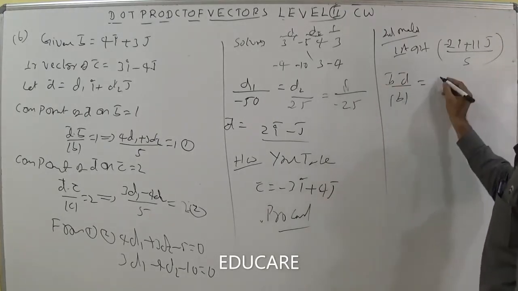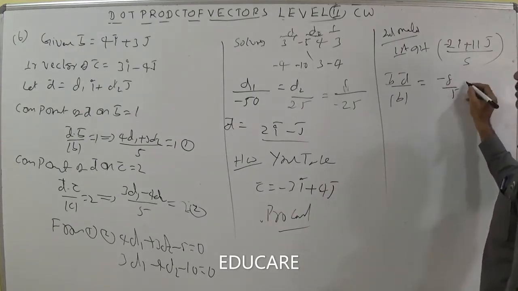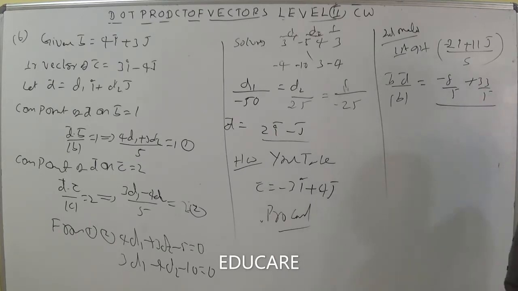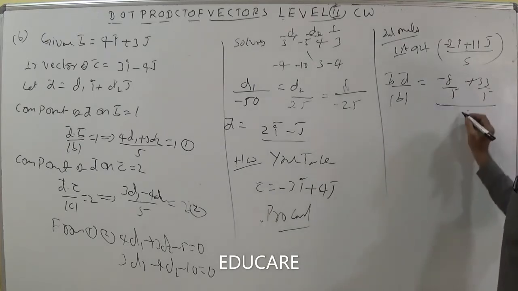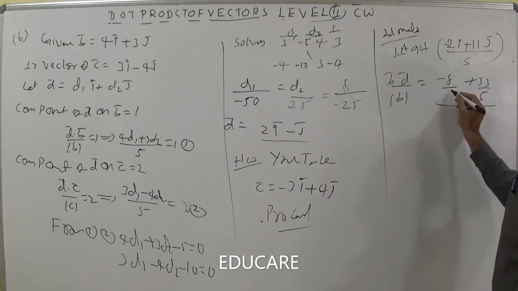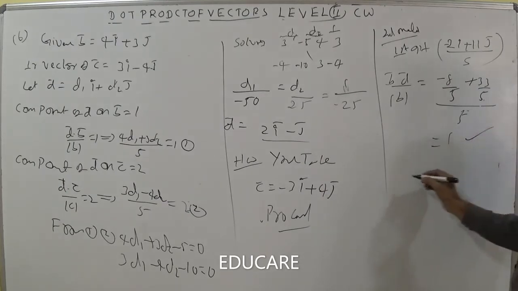B bar is 4, so 4 into minus 2 is minus 8 by 5, plus 3 times 11 is 33 by 5, whole by mod B bar, which is 5. What is the value of 33 minus 8? 33 minus 8 is 25. So 25 by 25, that is 1, it is correct.